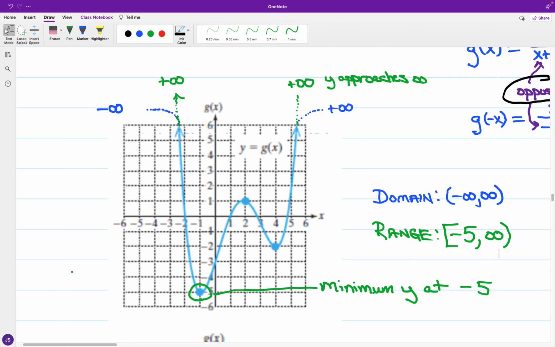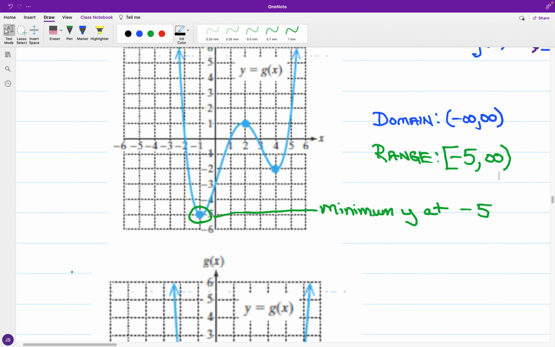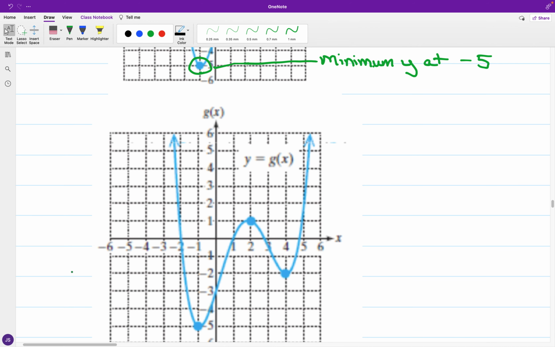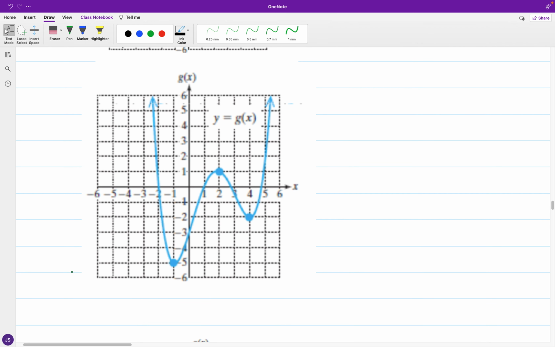Now we have the case of looking at where the relative minimum and maximum will occur, and just the categories.